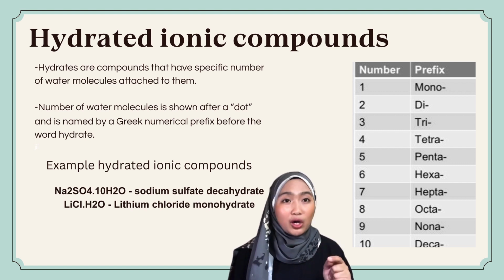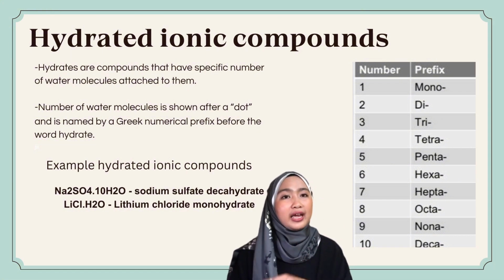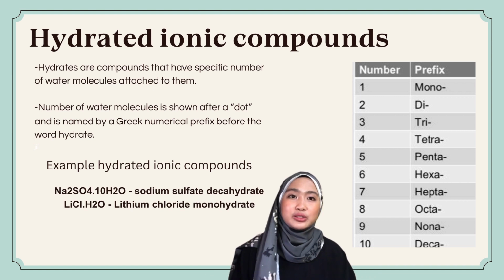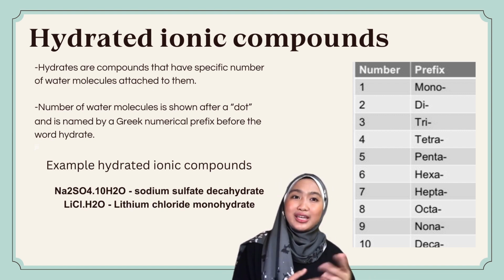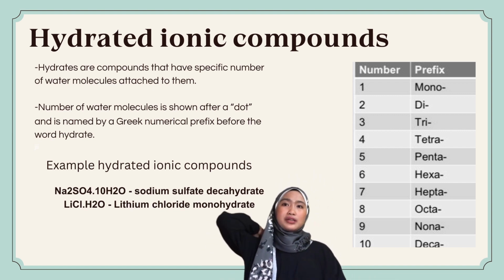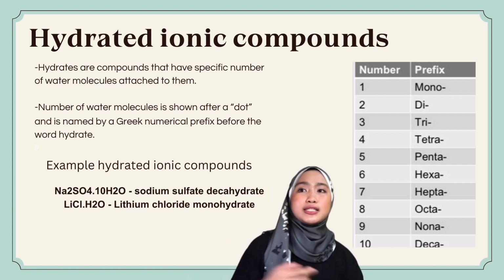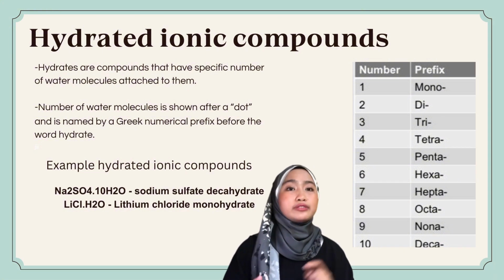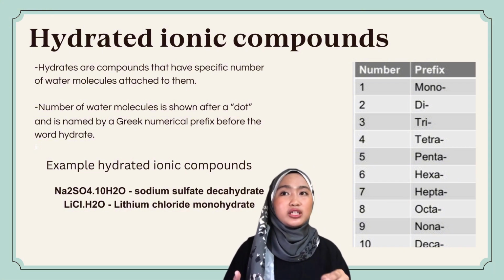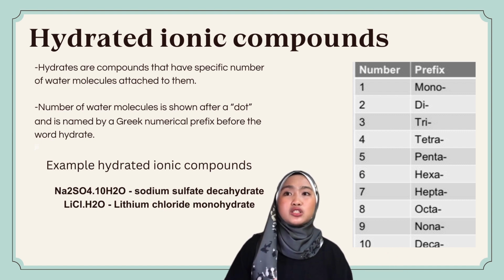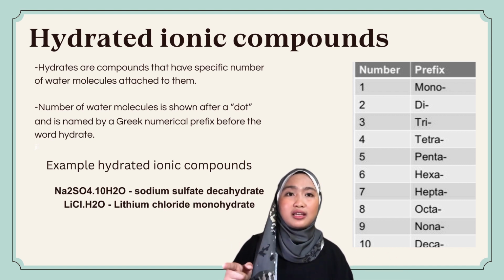For the example, Na2SO4 dot 10 H2O. You can refer to the periodic table to know the name. Na2SO4 is sodium sulfate. After the dot, you need to add the Greek numerical prefix.